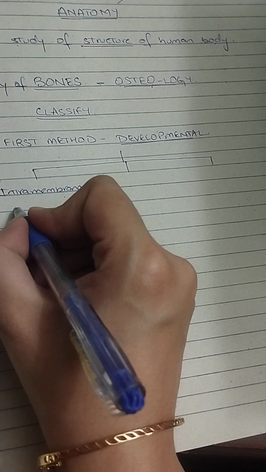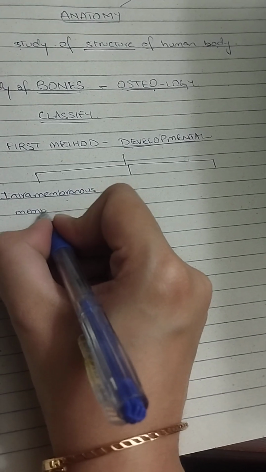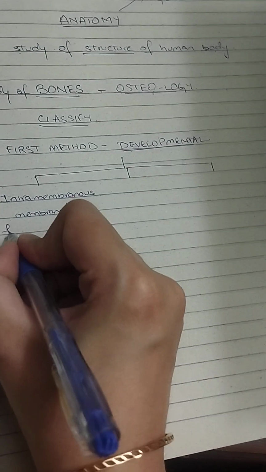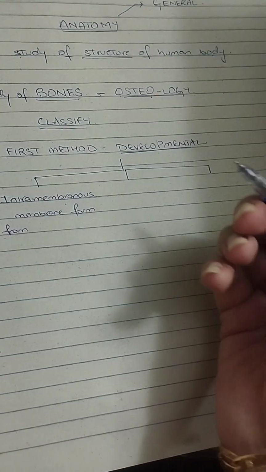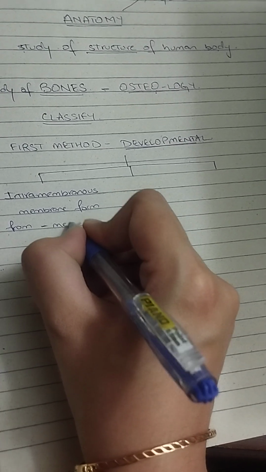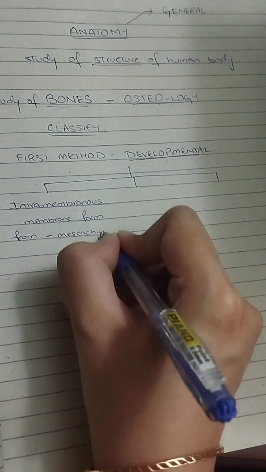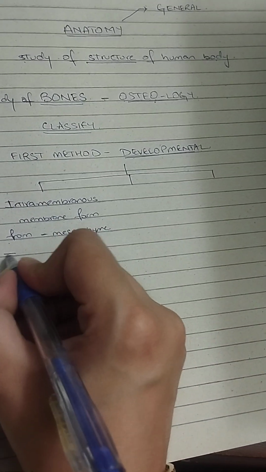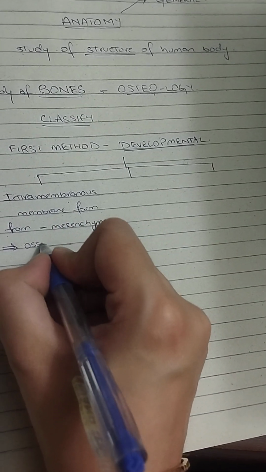During development, a membrane is going to form from its embryonic precursor, which we call mesenchyme. So a membrane forms from mesenchyme, and then it ossifies into a bone.